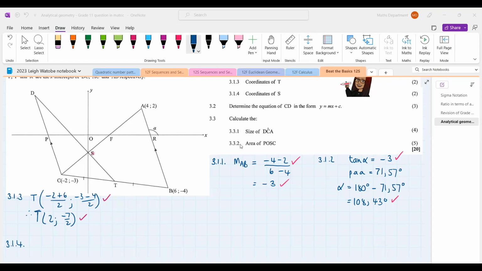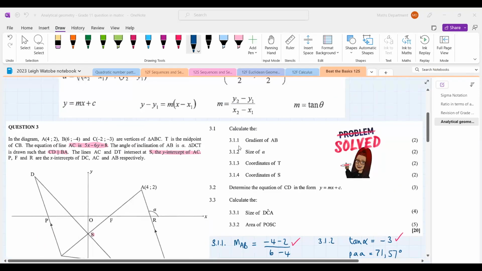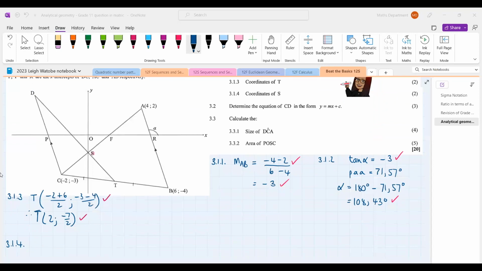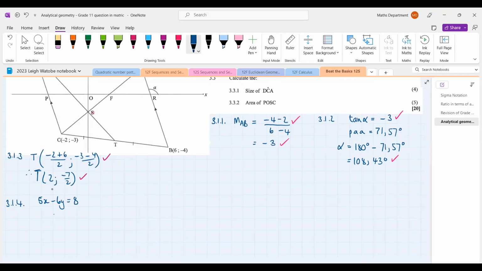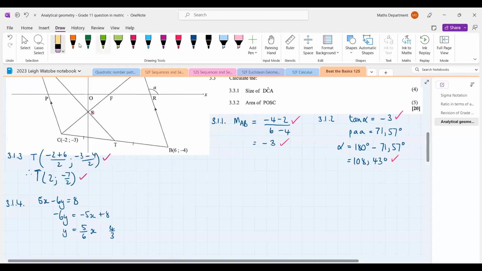I'm just going to do 3.1.4. I just need to go up quickly. 5x minus 6y equals 8. So we would have had, oh, sorry, that needs to be a minus because I'm dividing through by a negative.